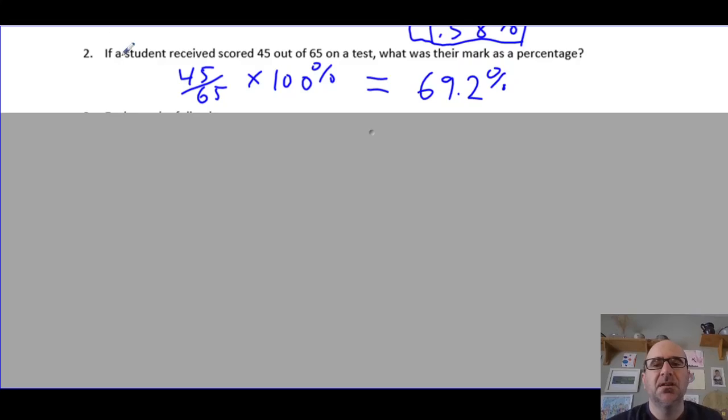The 45 divided by 65 is 0.692, which basically tells you how many marks you got right for every mark on the test. So you got 0.69 marks for every mark available, times it by 100, and you get 69.2%, the mark you would have gotten if the test was out of 100 instead of 65.